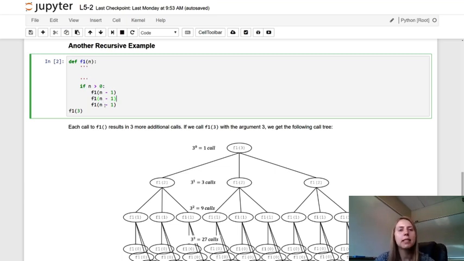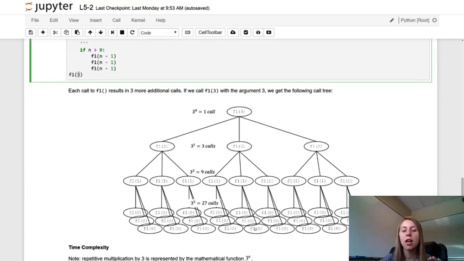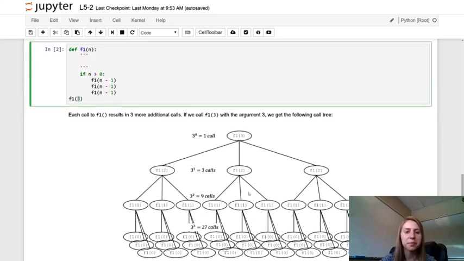Now, I made this diagram here to show you what the call tree would look like for this function. So let's say we call this function f1 initially with a value of n set to 3. And 3 may not seem that big, but even building the call tree for 3 took quite some time because there are a lot of nodes here.